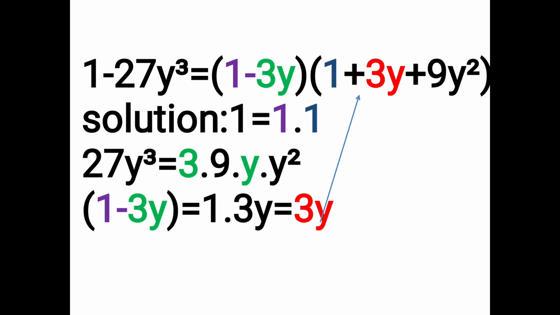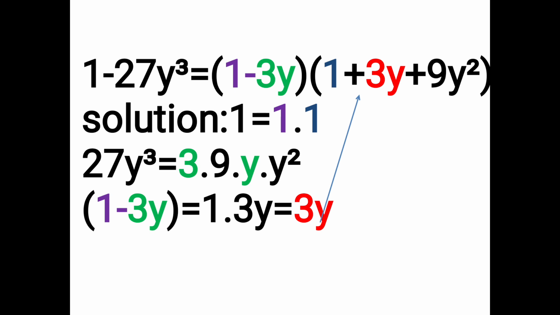Then multiply the terms of the first factor to get the middle term in the second factor, which is the trinomial. So we have 1 on one side and another 1 on the other side, then 3y in the first factor as the second term, then 9y squared as the last term.